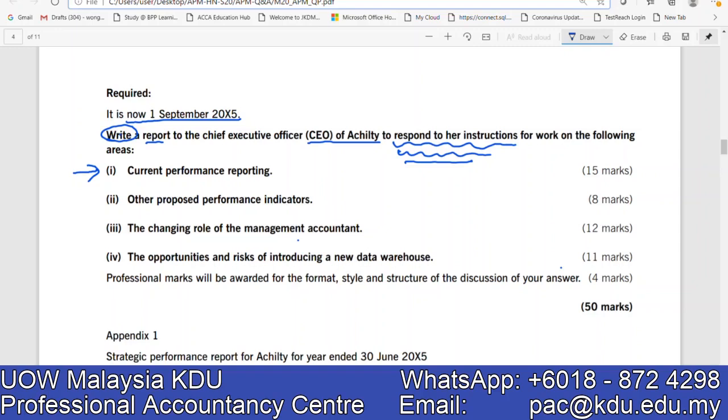The last thing I want to remind you is the professional marks. Everyone knows it's 4 marks, but I don't know whether you notice these words. To earn these 4 marks, you're going to ask yourself, what is the format that will grant you the mark? What is the style? What is the structure of your answer that grants you this mark?